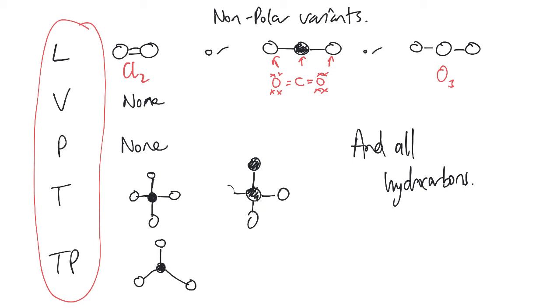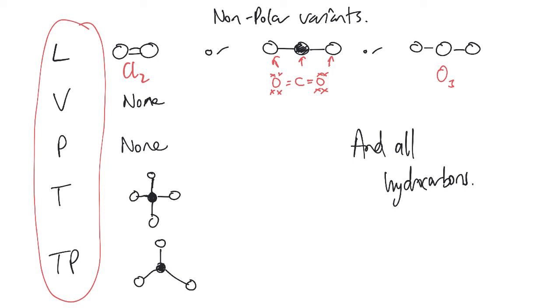And I don't care if you think there's 1 over here that will make it non-polar. No, it's not, because remember, this is a 3-dimensional shape, so they're not in plane with each other, and therefore it's a polar variant. Only where 1 in the center is different and all 4 on the outsides are the same is it going to be non-polar.